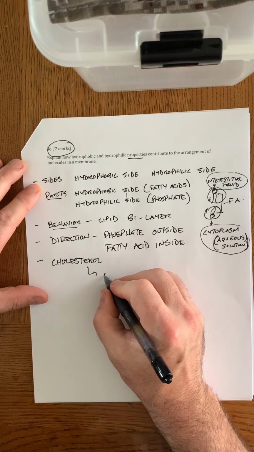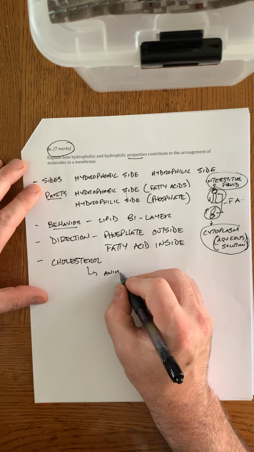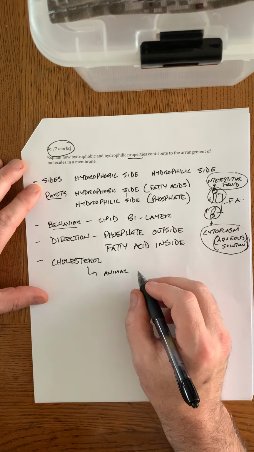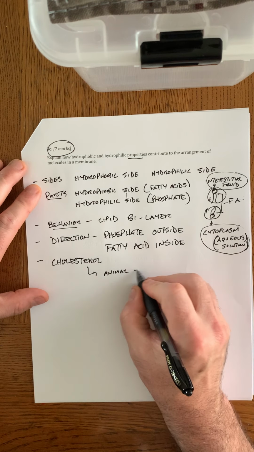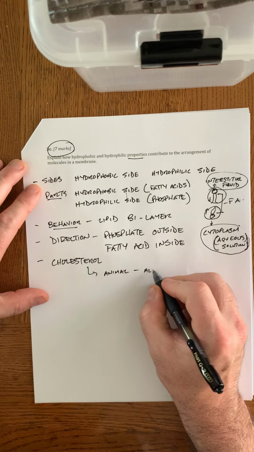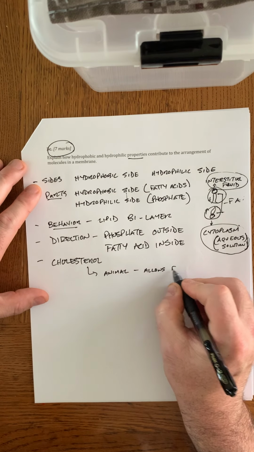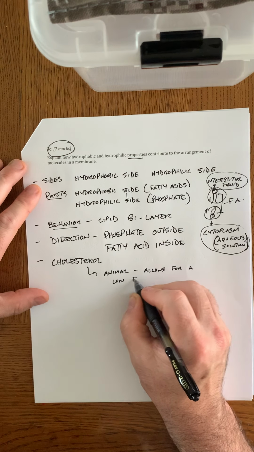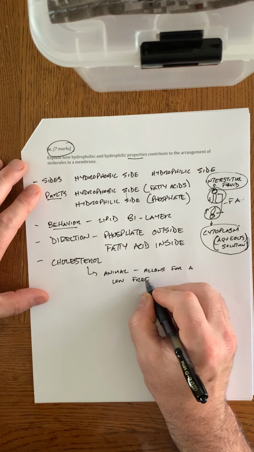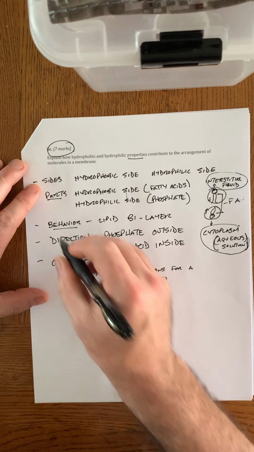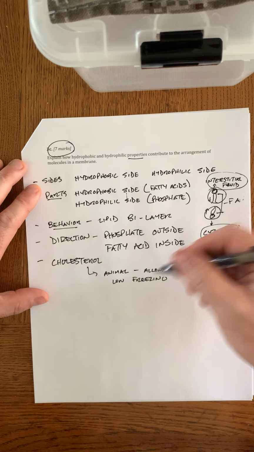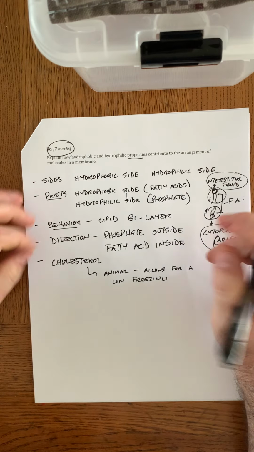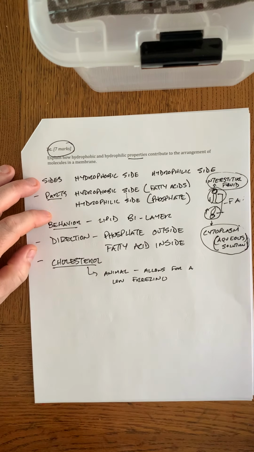Cholesterol is going to be in animal cells. Most or all animal cells and some other organisms have cholesterol in their membrane. This allows for a lower freezing point. So we know that these lipids are like fats. Fats, when they get to a low enough temperature, clump and become a solid. Cholesterol, not as much.